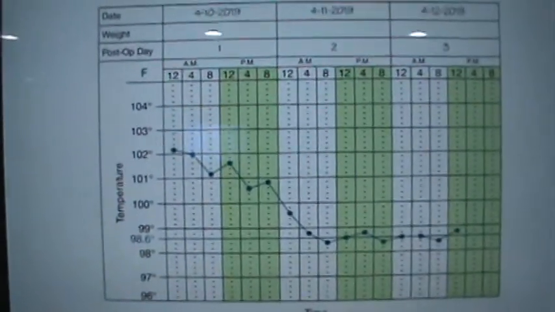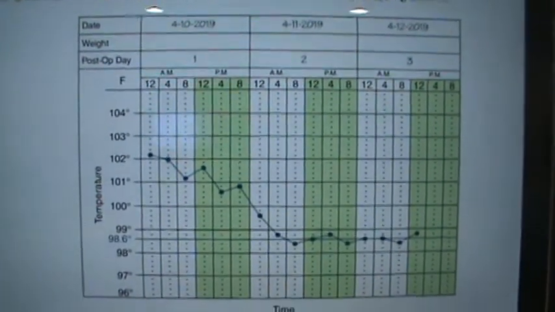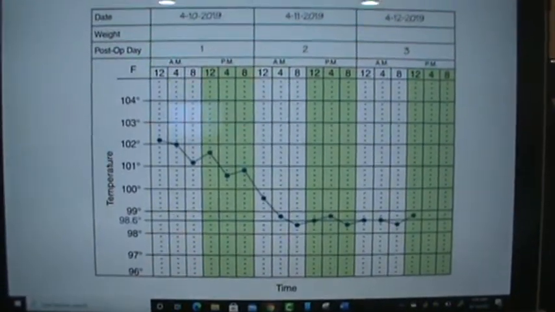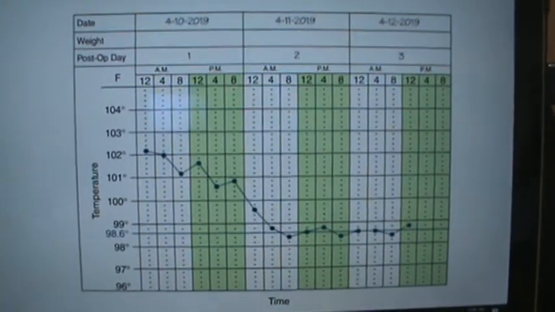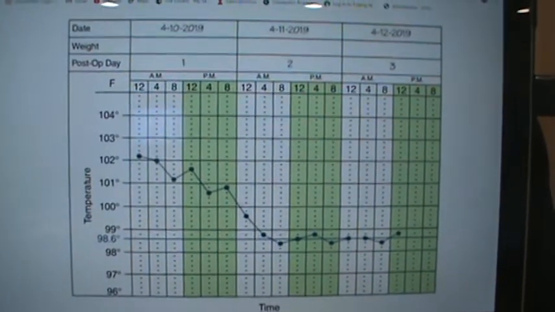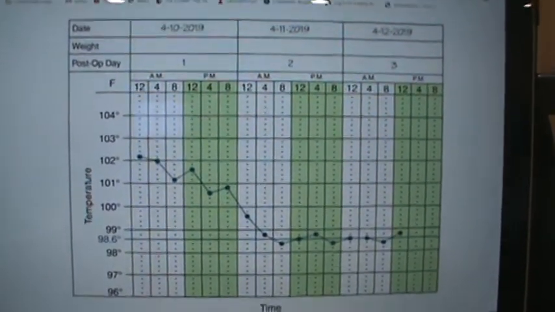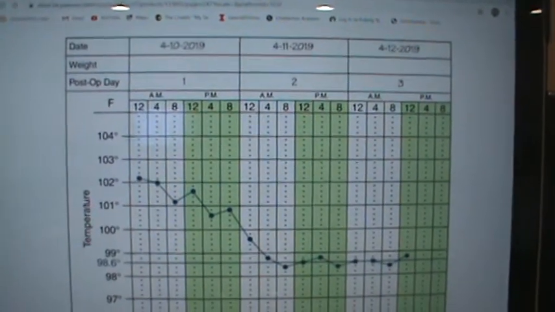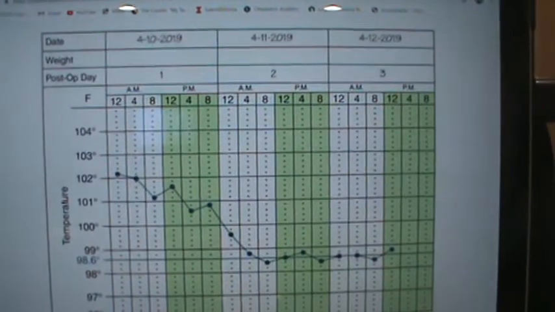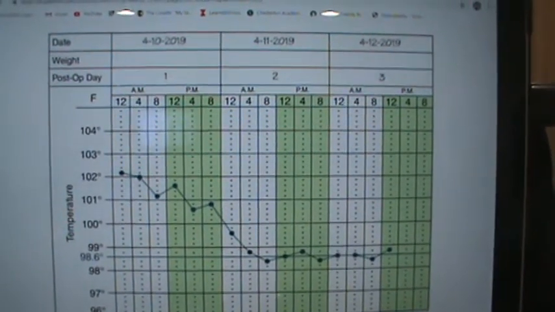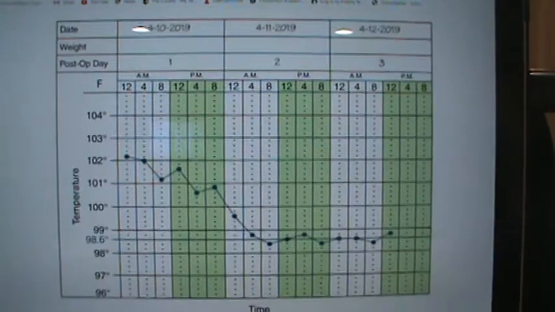Let me back up a little bit. So what do we have here? We've got temperature, right? This is change in temperature over time. Okay, and this is by different dates, right?